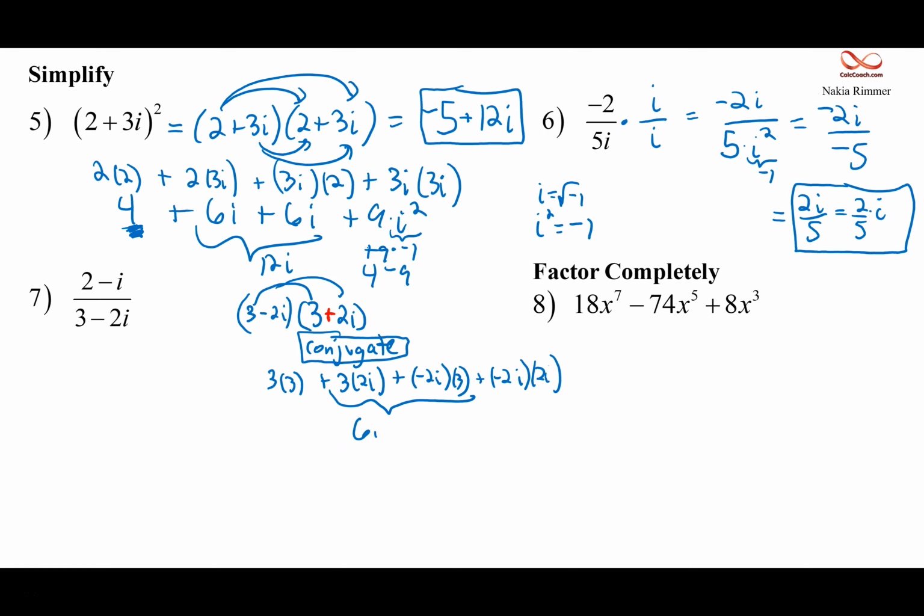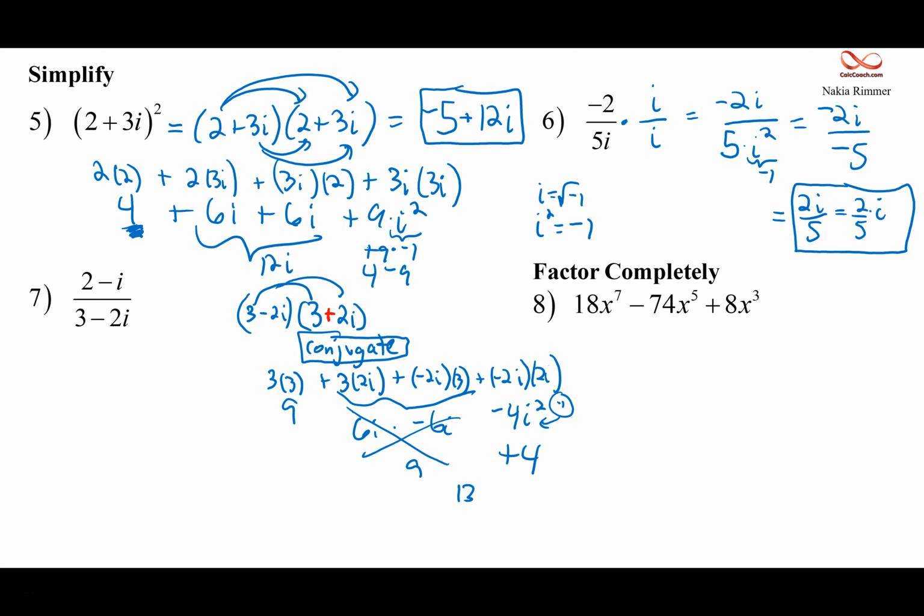We'll have a 6i, and then we'll have a negative 6i. Those two guys will cancel each other out. We'll have a negative 4i squared, which is plus 4. Remember, i squared is negative 1. And then it's 9 plus that 4. Final result would be a 13.